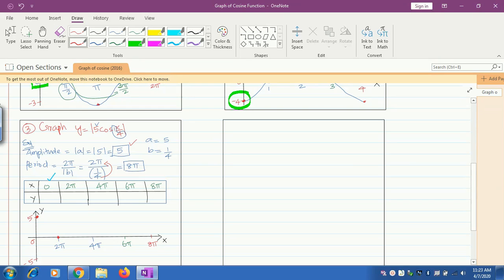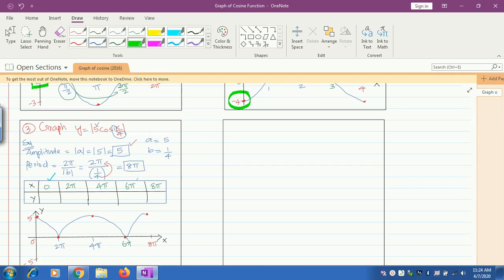The next, usually the graph goes down, but due to the absolute value you have again plus 5, again here 0, again here plus 5. So the graph is looking like this. This is a graph, right?